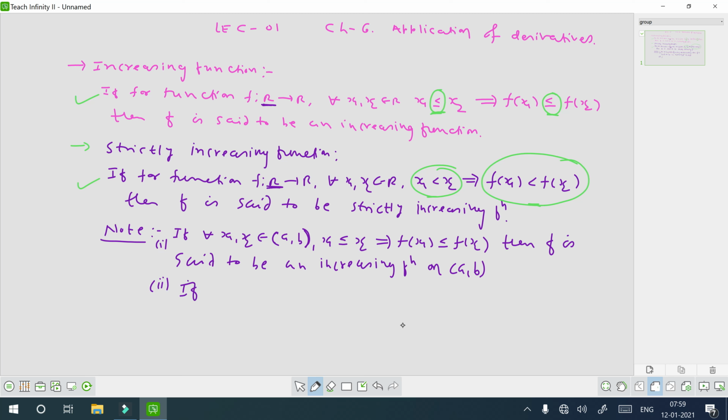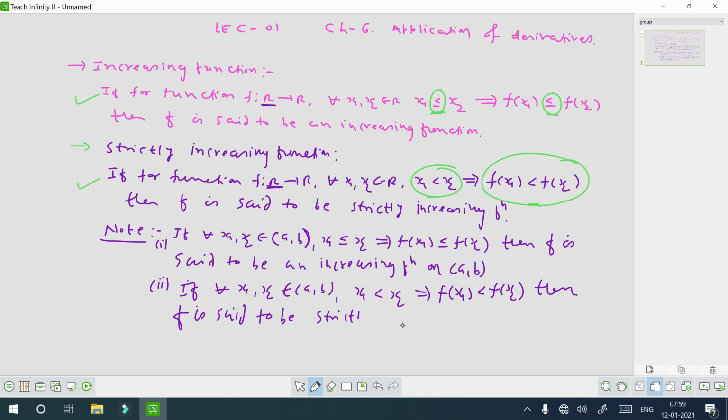If for all x1, x2 belongs to open interval AB, x1 less than x2 implies f x1 less than f x2, then f is said to be strictly increasing function on open interval AB.